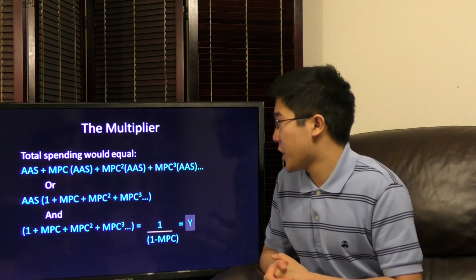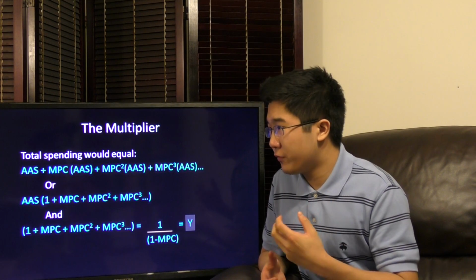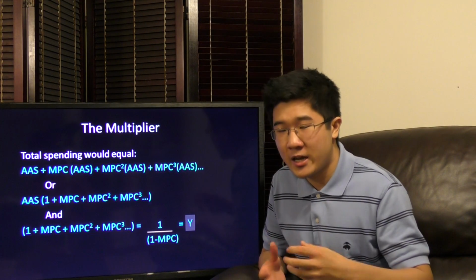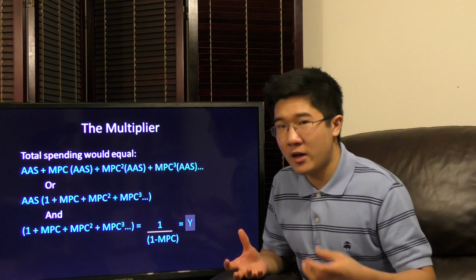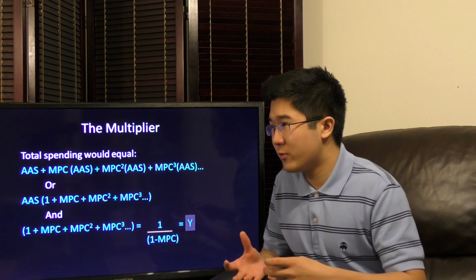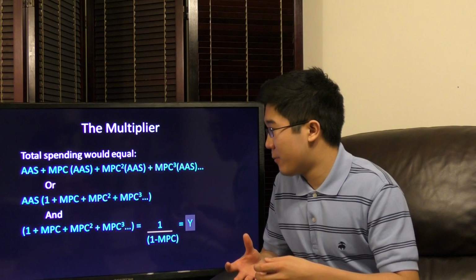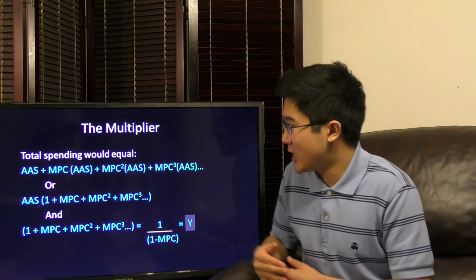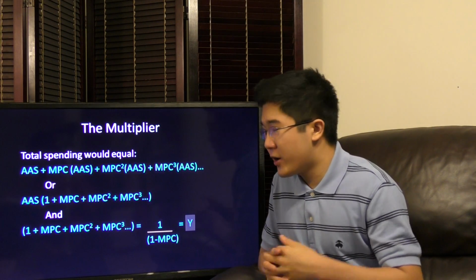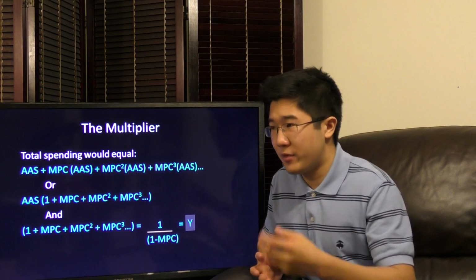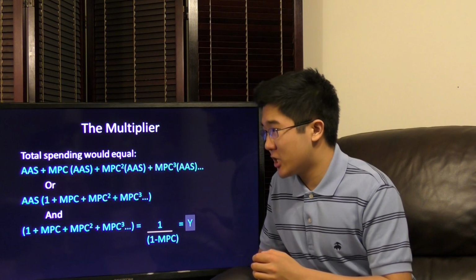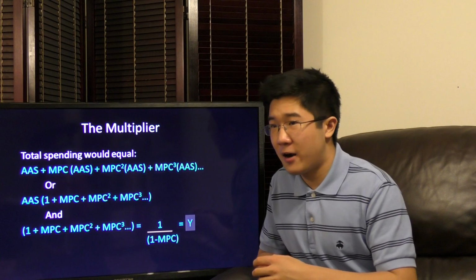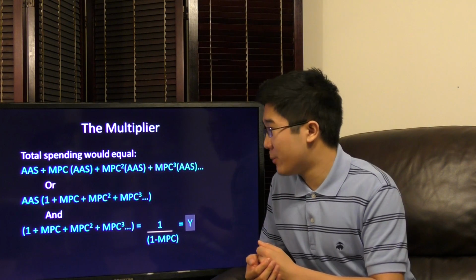Now the contractor has $1,000, which is his or her change in disposable income. He or she is going to save part of it and spend part of it. The part they spend, or their MPC, is their impact on the economy after we give them the $1,000. Let's say the contractor spends $800 out of that $1,000, so our MPC is 0.8.